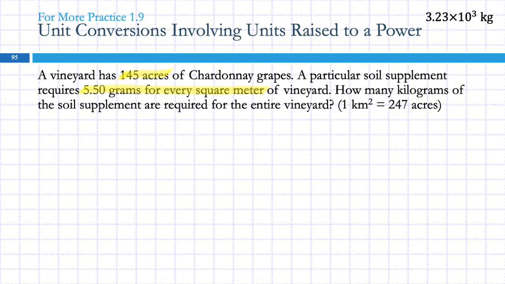That's kind of a tricky way of saying it, but that whole thing is the unit, right? Grams for every square meter. Normally we'd say grams per square meter. And then they give us this thing at the end, which is just them being kind, so we don't have to go look that up. And then what we want to know is kilograms of soil supplement.